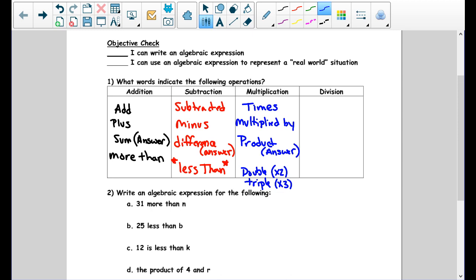Alright, last one. What about division? Divided by. What's the answer to division? Sum, difference, product, quotient.